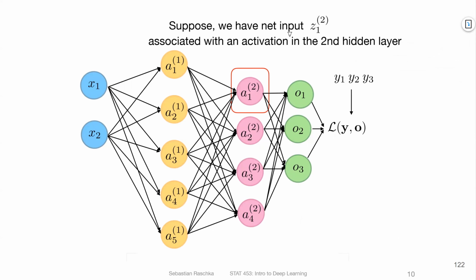And suppose we have net input Z1 at the second layer.